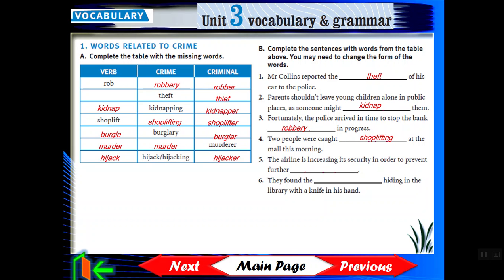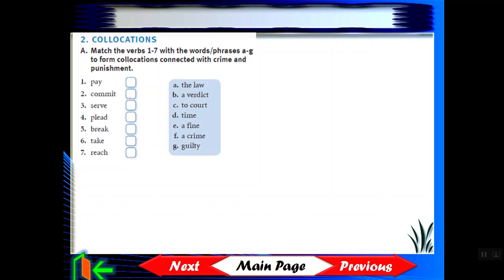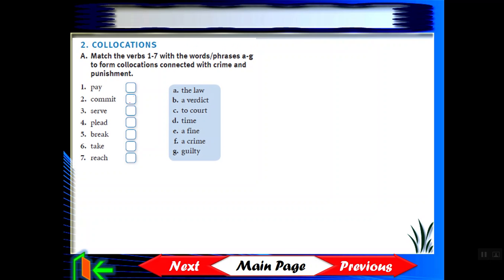So to prevent further hijackings. خطف طائرات. Number 6, they found the hiding in the library with a knife in his hand. So usually it is murderer, because he has a knife. Knife means سكين. So he made maybe a crime. Let's go to the next exercise, which is about collocations.